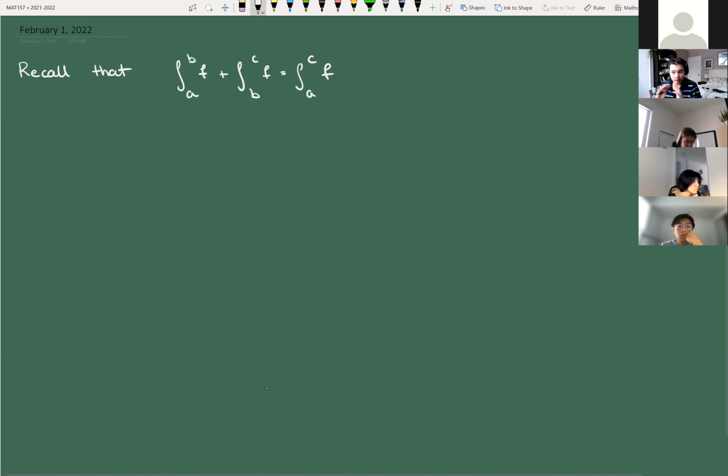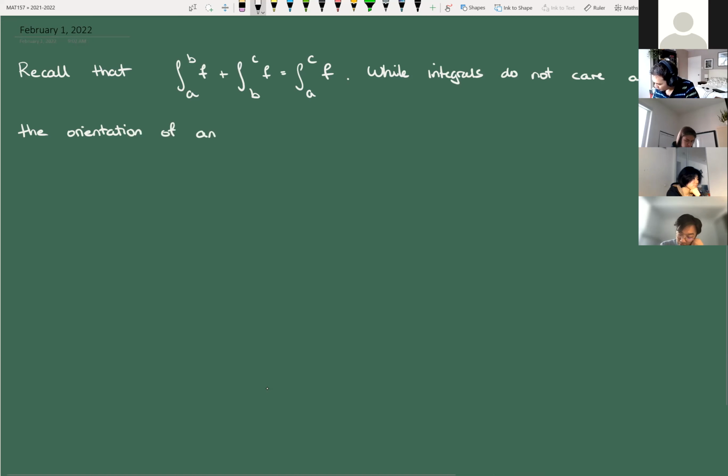Strictly speaking, integrals do not care about the orientation of an interval, but we'd like to extend the definition to account for this generalization.